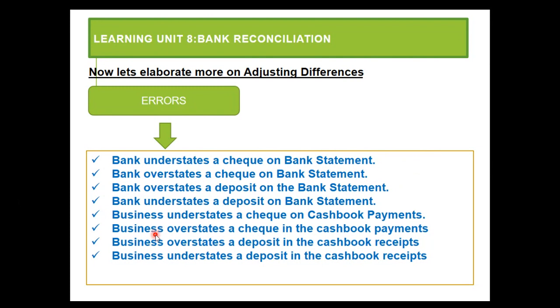But if the error was made by our business, the error will always be in the cash books. Depending on the error, we'll either go to the payments or the receipts. Again, this will make sense by the time we go and look at a practical exercise.